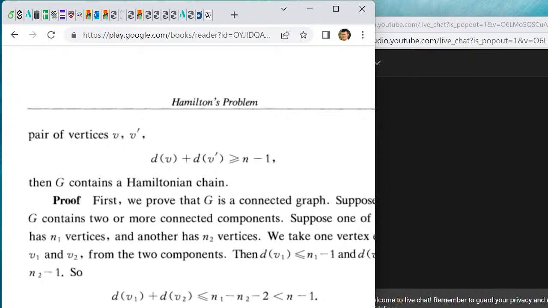If that's the case, then of course the degree has to be less than the number of vertices minus 1, because if you have like 3 vertices, each vertex can only be connected to the other 2, so the degree has to be less than or equal to 2.